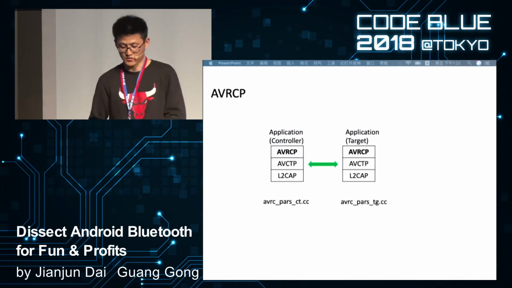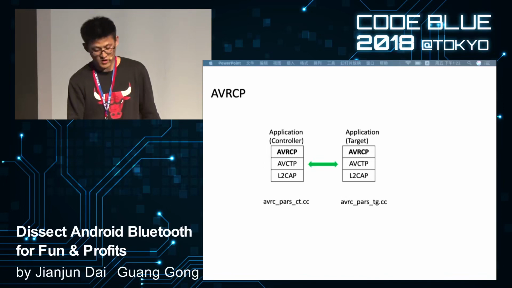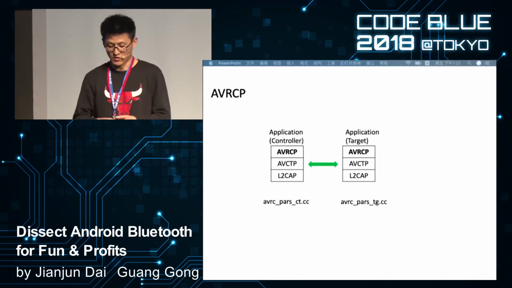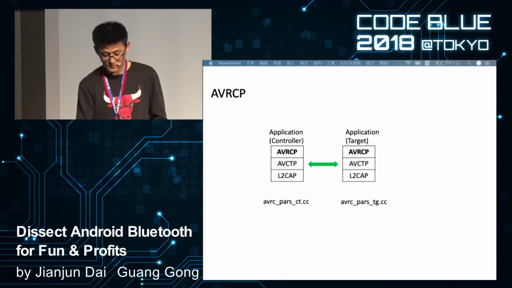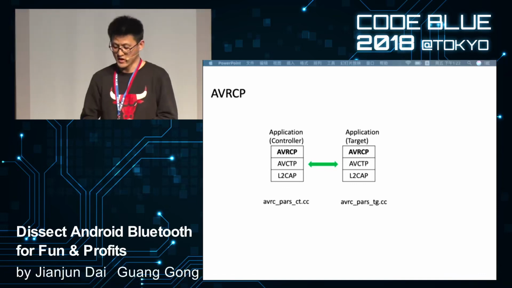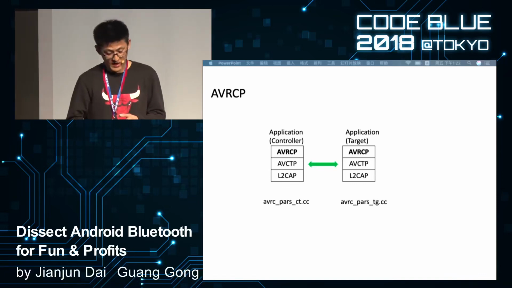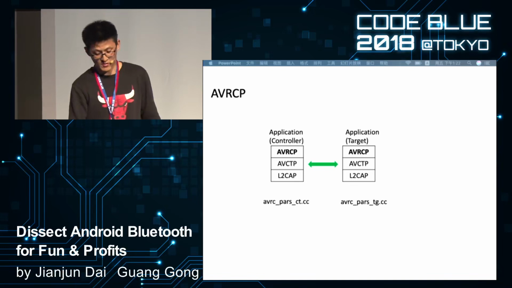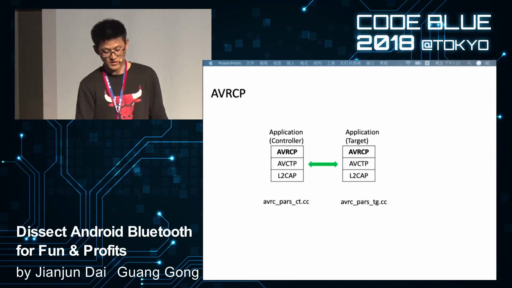AVRCP supports 2 modes, controller and target. They communicate with each other on 2 devices. The source code of the controller is in the file avrc_pars_ct.cc, and the target in avrc_pars_tg.cc.